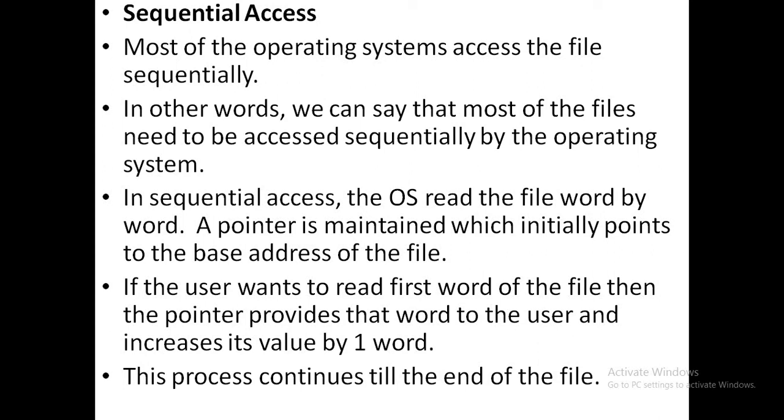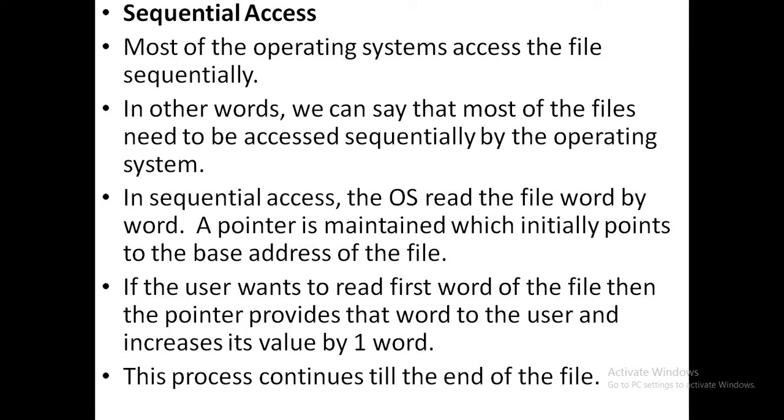That means from the starting of the file, which is called the base address of the file, the pointer is indicated to that file from the beginning. That is called the first file, and after reading the first file, it goes to the second file, and again the pointer points to the address of the second file and the third file, and continues.